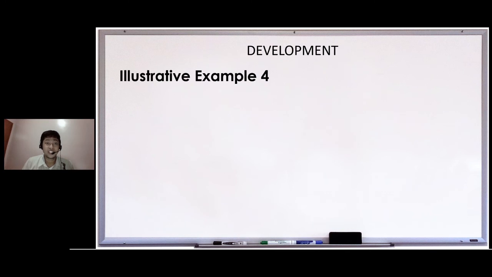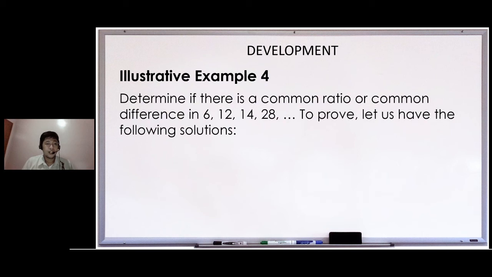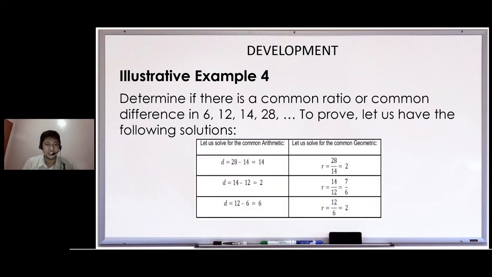Let's have illustrative example number 4. Determine if there is a common ratio or common difference in 6, 12, 14, 28, and so on. To prove, let's have again the following solution. For finding the difference, if there is a common one, we will subtract the first term from the second term, and so on.